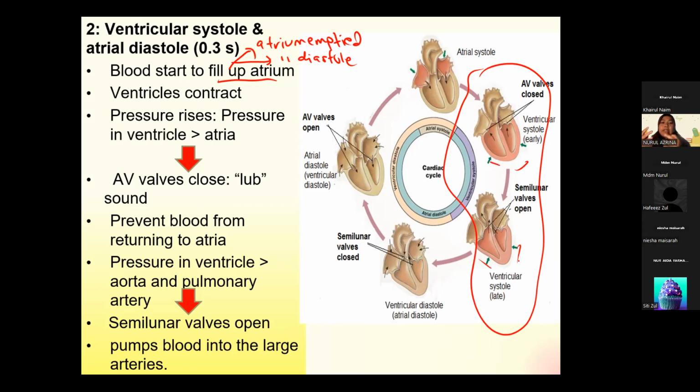The pressure inside the ventricle is higher compared to the pressure inside the atria. Imagine the ventricle is full, at its limit, so the pressure rises. When the pressure inside the ventricle rises compared to the atria, there is a valve that will close. Which valve closes?